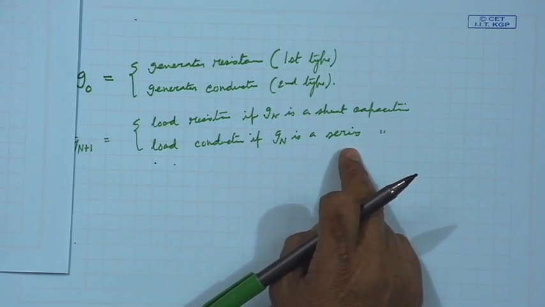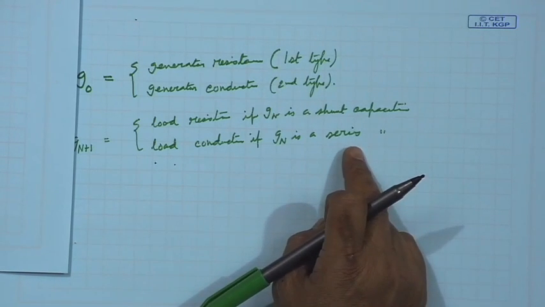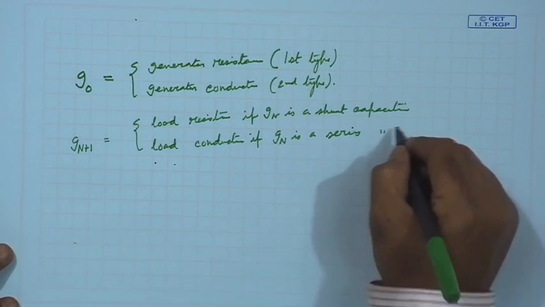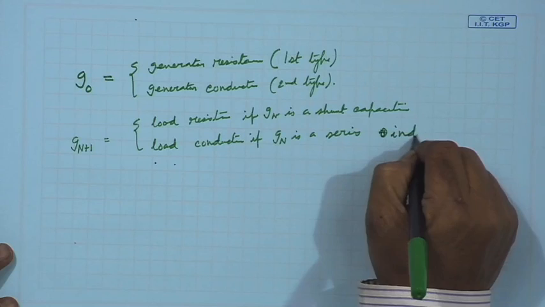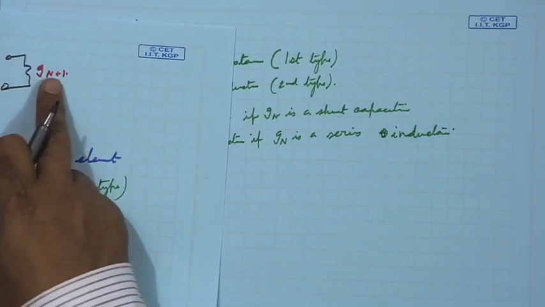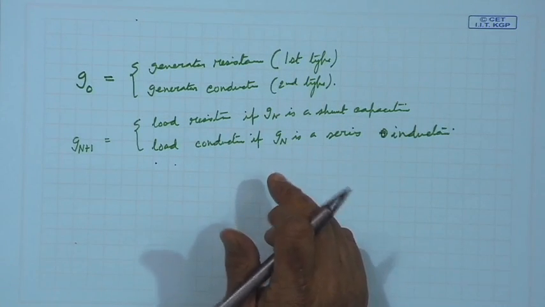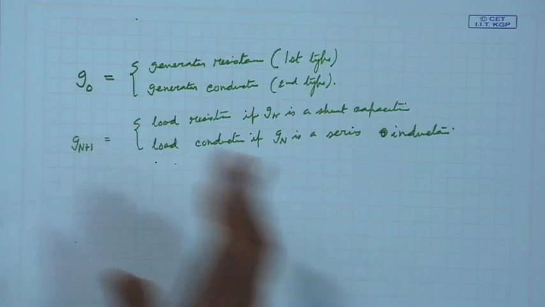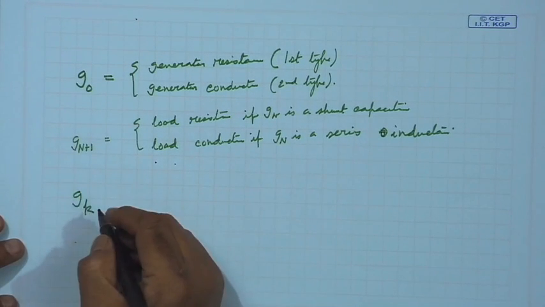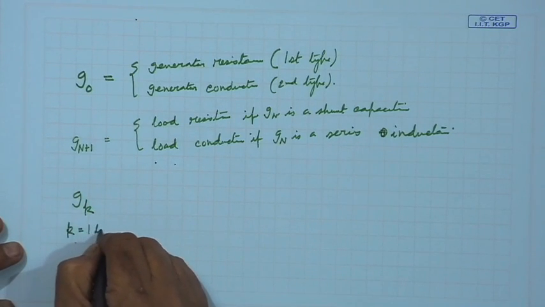If it is a series inductance as the last one, then this will be a conductance. Okay. And in general, these are the two end values. What is in between? Let us call that Gk, where k is varying from 1 to n.